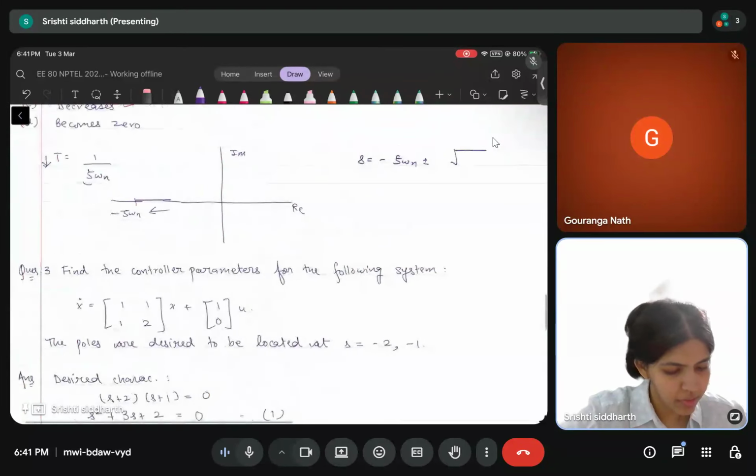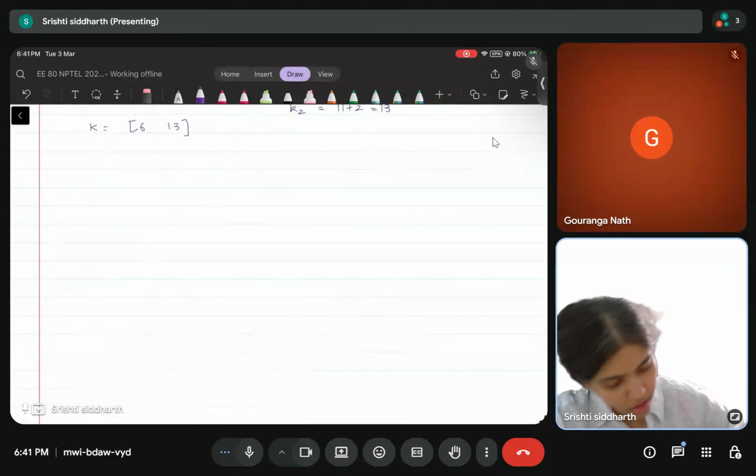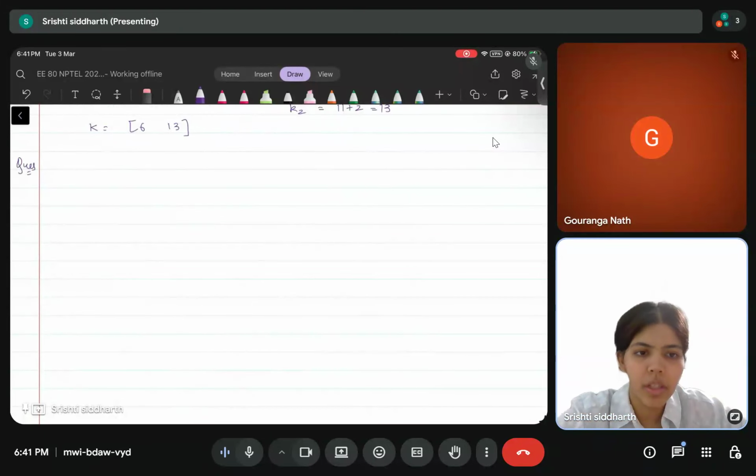This was about placing the eigenvalues at the desired location using the desired characteristic equation. Now let's look at a question in which we employ the first companion form to place the poles at the desired location.